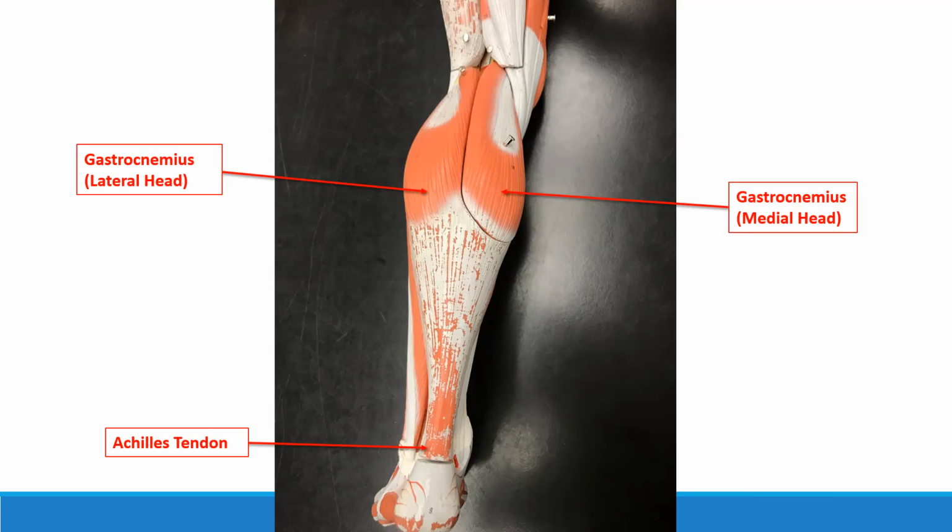The gastrocnemius and the Achilles tendon allow us to plantar flex, raising the heel when we step. If we tear the Achilles tendon, we can't raise our heel. We can't raise the back of our foot. So we can't walk. That's what happens when someone tears their Achilles tendon.